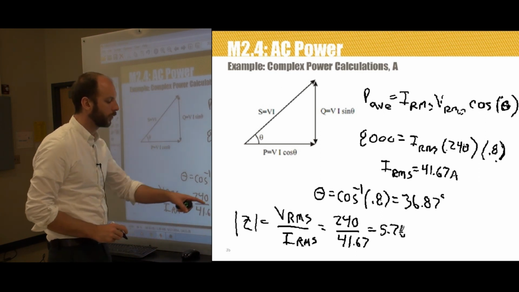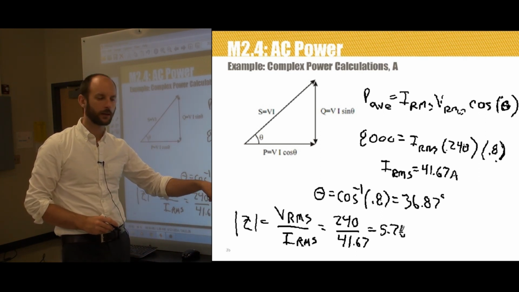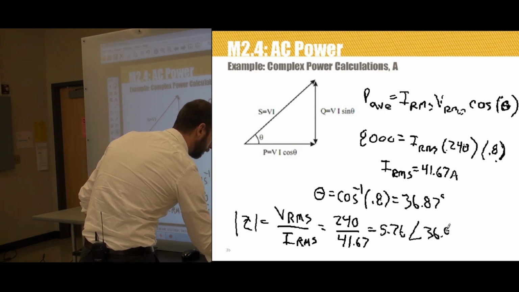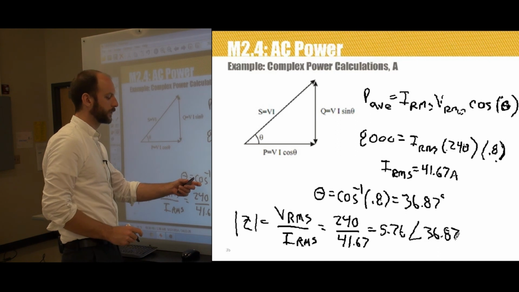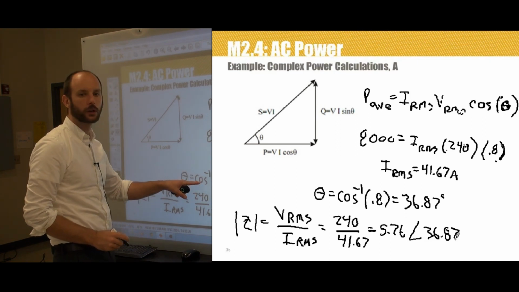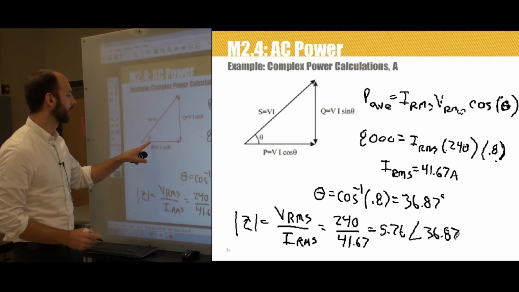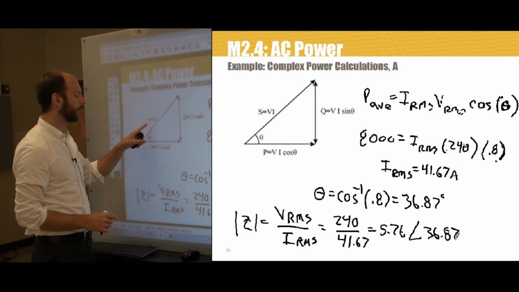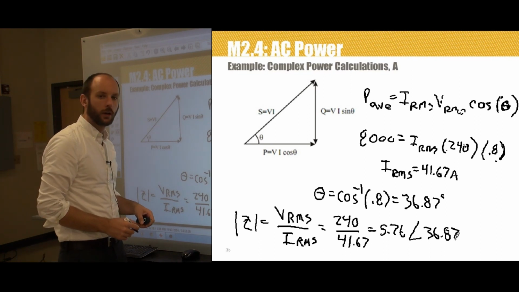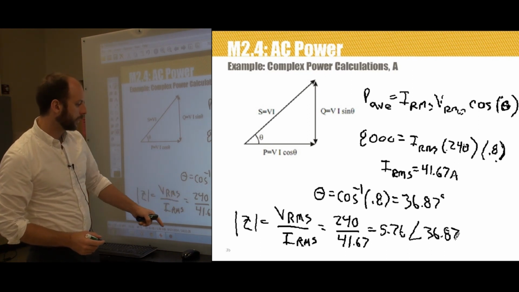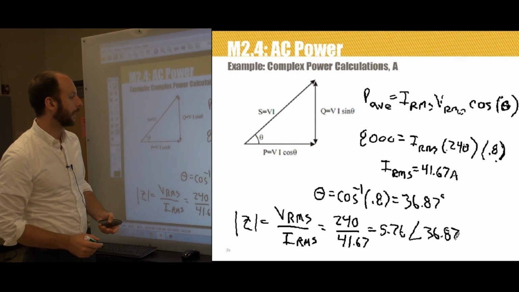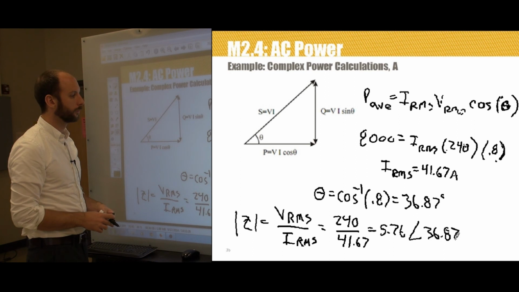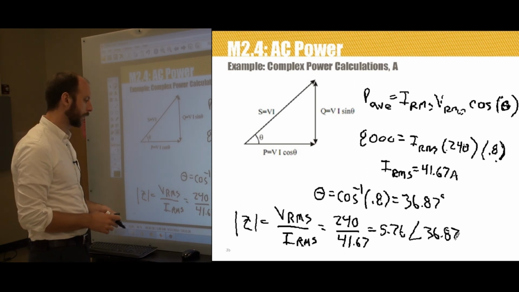But it's a complex load. We know that it's at an angle of 36.87 degrees from our previous calculation, since the angle between the voltage and the current has to be the same as the angle between the real power and the apparent power. So that is basically a complete calculation of real and reactive power using phasor notation. So kind of handy.